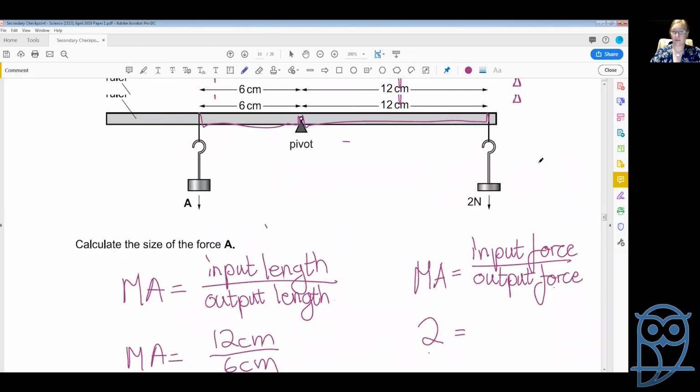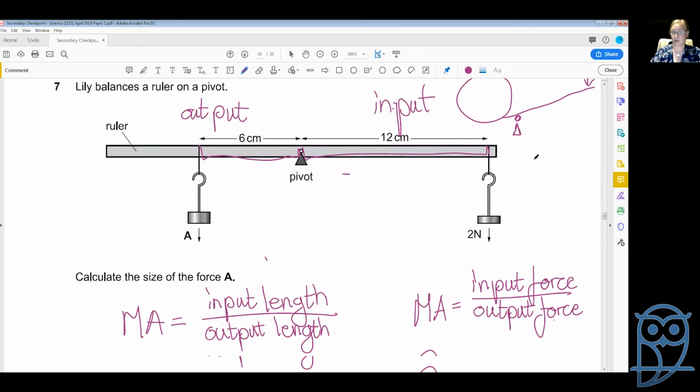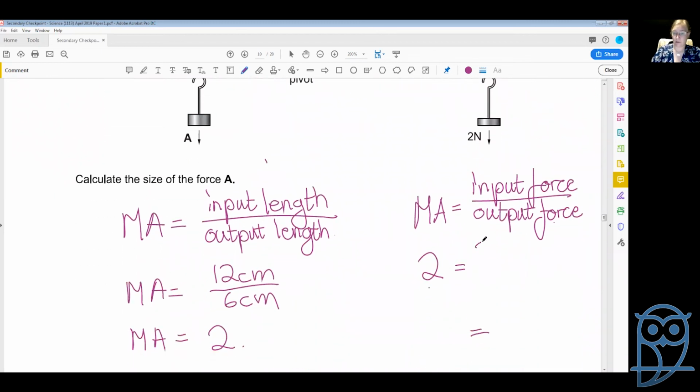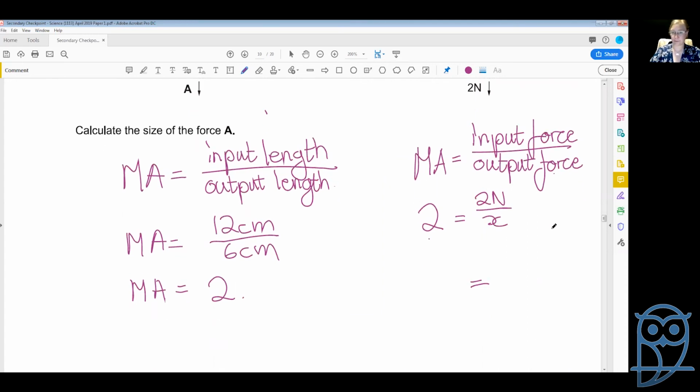Now we have our input force, so that is the force on this side. That would be 2 newtons. And our output force, which we don't know, so that is what we want to work out, but since I don't know it, I'm just going to put an X in its spot. So now I want to work out what X is. This is 2 over 1, so I am going to use cross multiplication over here.